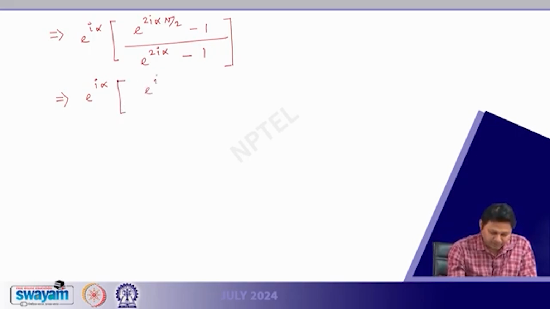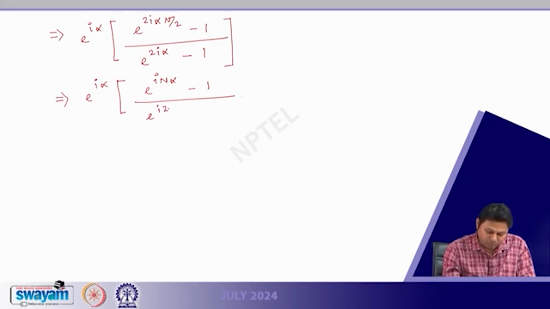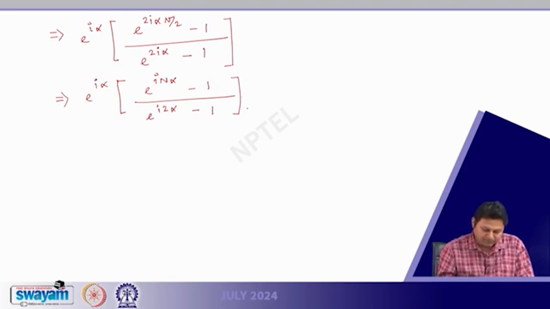We have e to the power I n alpha minus 1 all divided by e to the power of I 2 alpha minus 1. So, I n alpha, yeah.